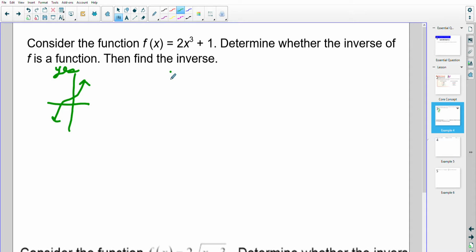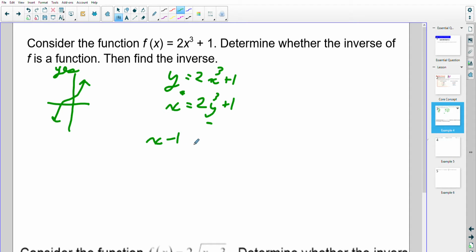Then find the inverse. So I'm going to replace the f of x with a y. Then I'm going to exchange the y with the x and the x with the y. So that becomes this. And now I want to solve for my new y.